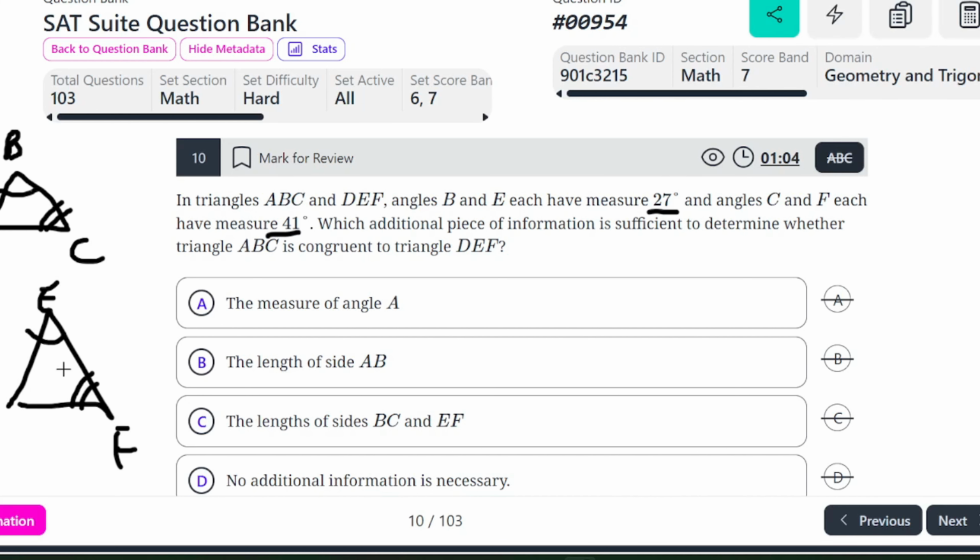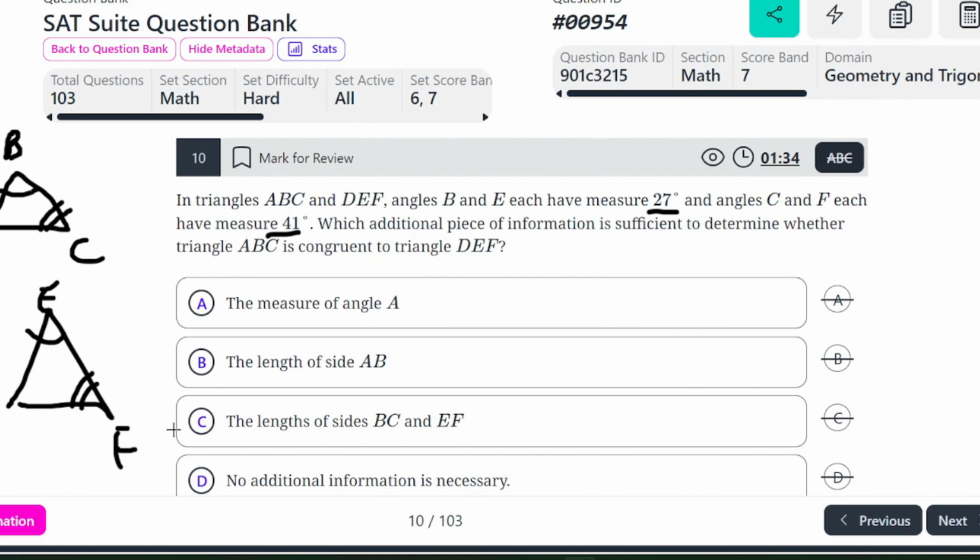Now what would make it so that both of these triangles are congruent to each other? We can already tell that these triangles are going to be similar because they both have 2 angles. But we need a side length that's congruent on both triangles to make them actually congruent by some property. The reason why it can't be A or B is because, for example, B, the length of side AB, you're only proving it on one triangle, not the other. And the measure of angle A, once again, you're only proving it on one triangle.